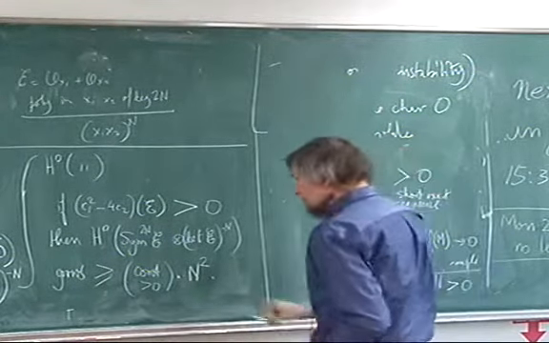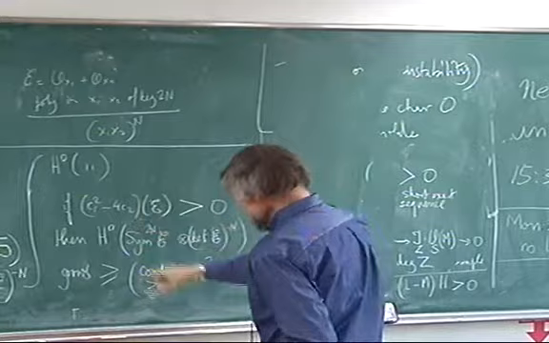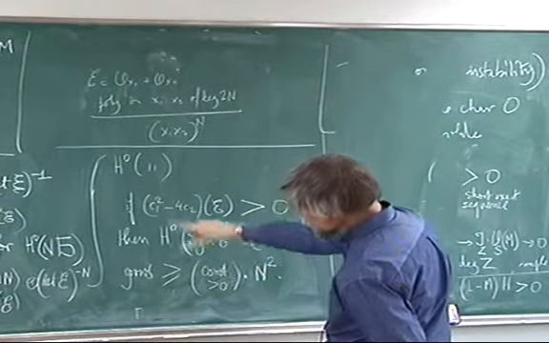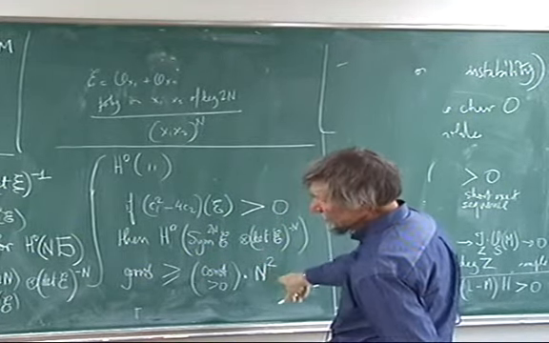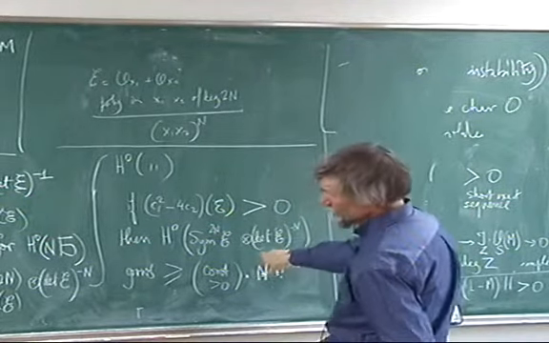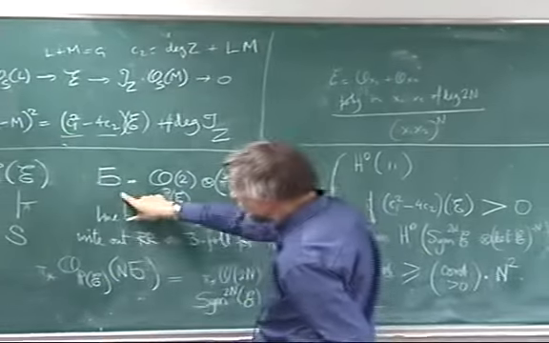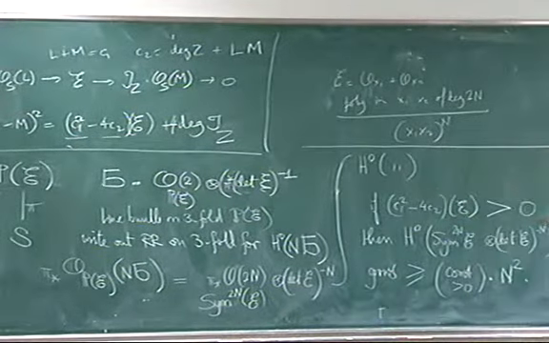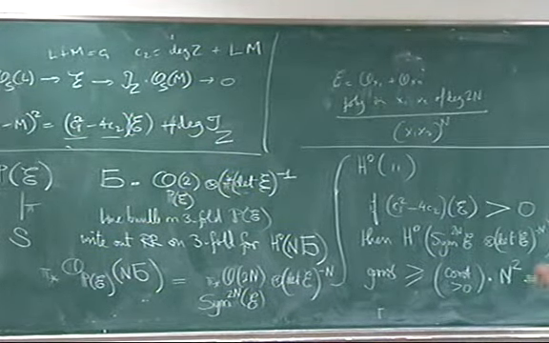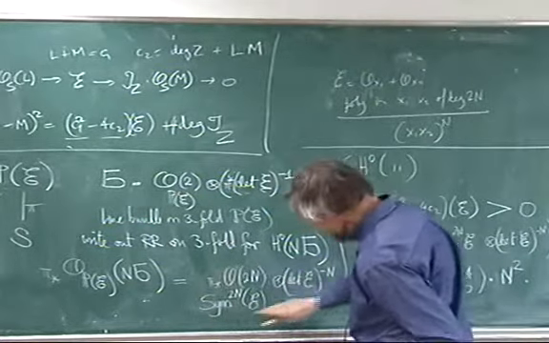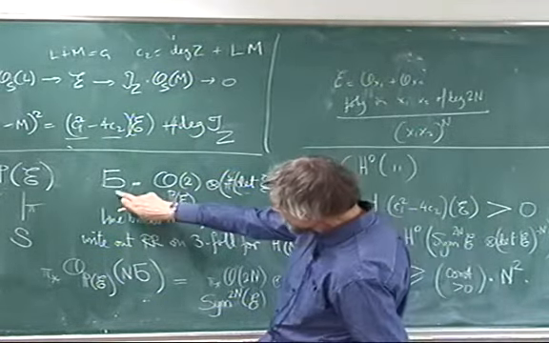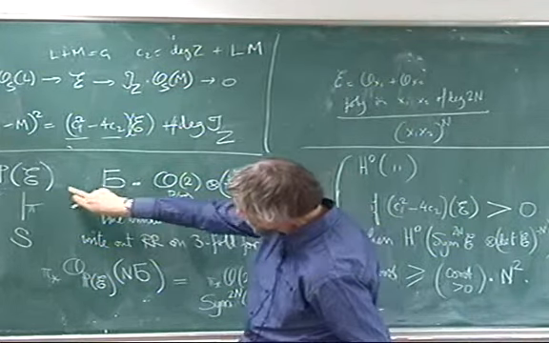I'm going to have to work to establish this point. But why do I want this point? I want to say that this B is big. The H naught of this bundle is the same thing as the H naught of n times this B up on the threefold.